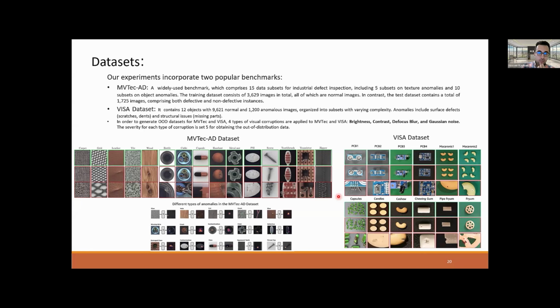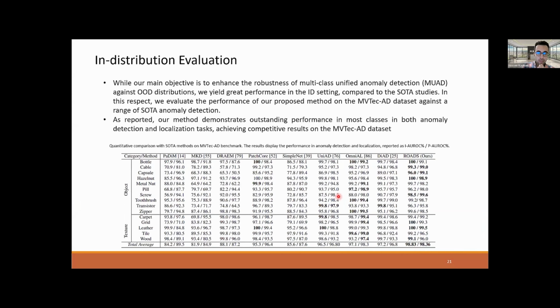And as I explained, we use two benchmarks to evaluate and gauge the performance of our proposed method against distribution shift and in the multi-class anomaly detection setting. So these are our results based on the MVTec benchmark, for anomaly detection and anomaly localization. It means it performs per-image detection and per-pixel anomaly detection, and it is reported based on AUC.